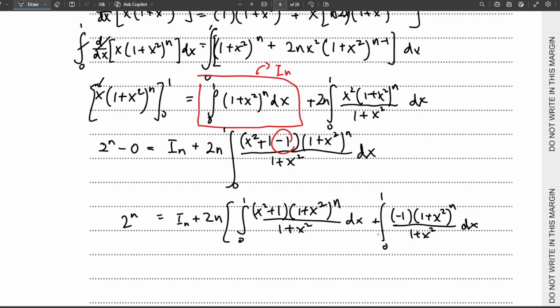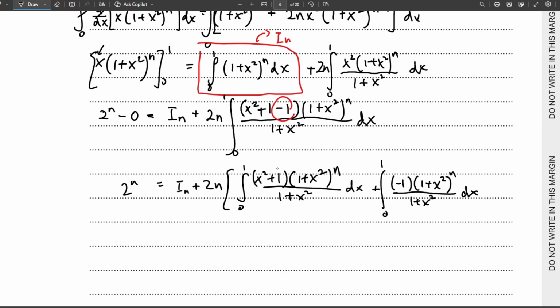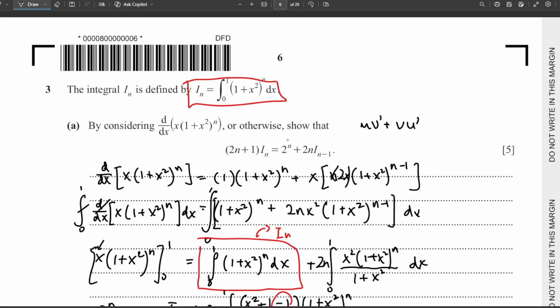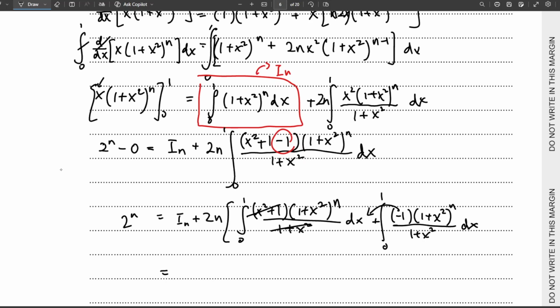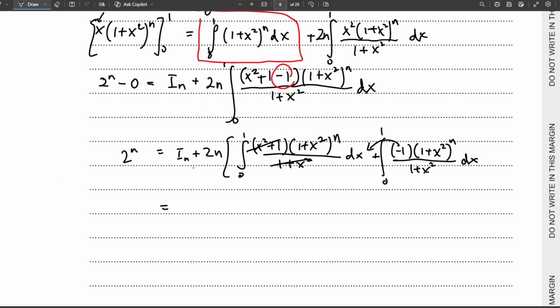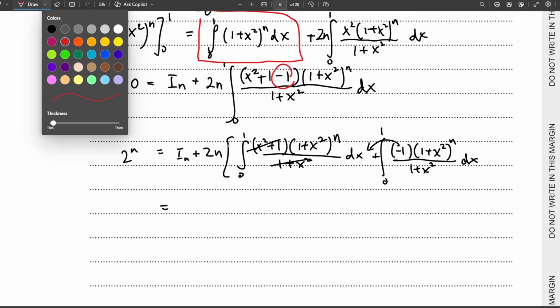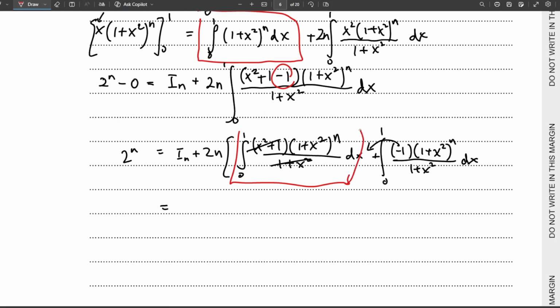These two integrals are still valid, it's just that I expanded the bracket. What happened here is the 2 cancels out, and the negative 1 I can take out as a constant of the integral. So the first integral term is exactly the same as I_n, the integral of (1 + x^2)^n from 0 to 1. So I will also replace this with just I_n.